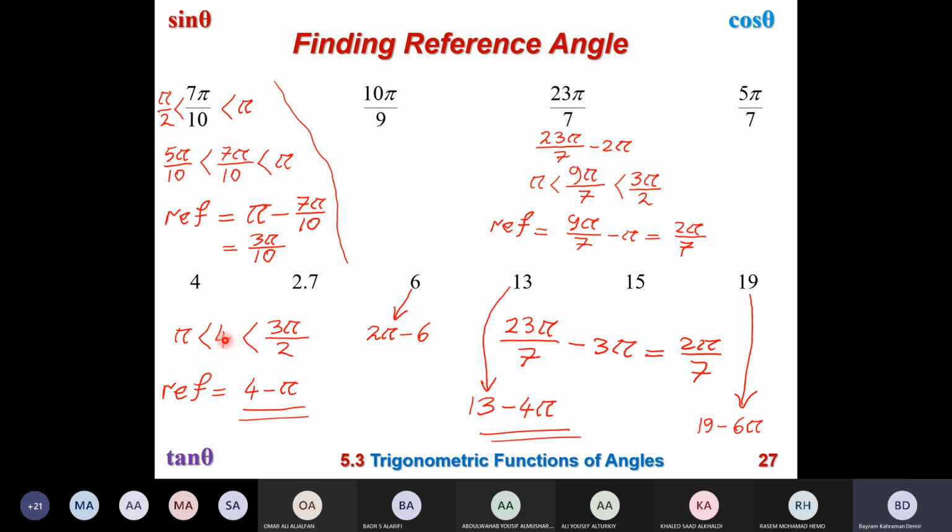Well, 4 is greater than pi. Pi is 3.14, Shabab. Please do not forget, pi is 3.14, a very close approximation. Doctor, if we change 4 to radian with pi, how much will it be?